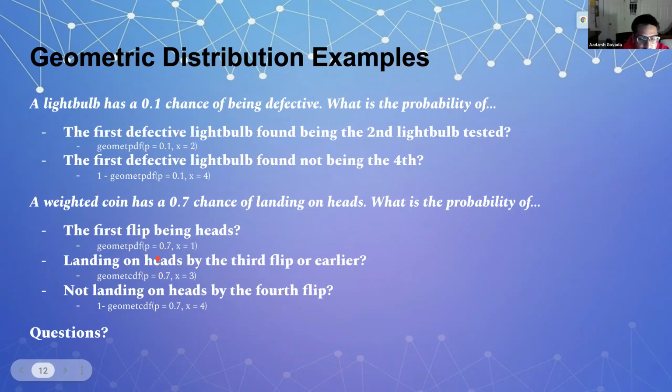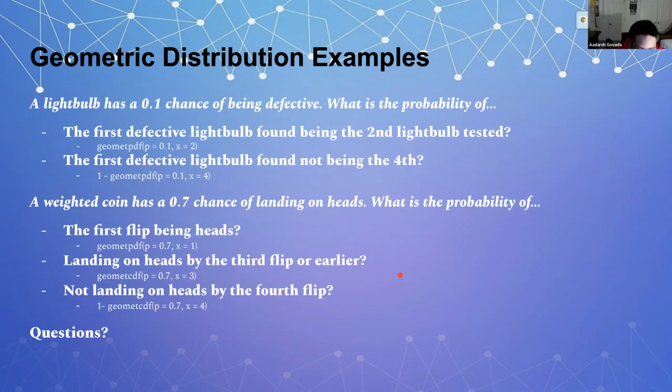For this one, what is the probability of landing on heads by the third flip or earlier? We look at this the same way, but it's asking for the third flip or earlier, not just the first flip. So we use a cumulative distribution function, a CDF, instead of a PDF.